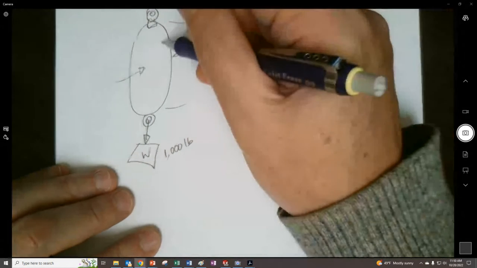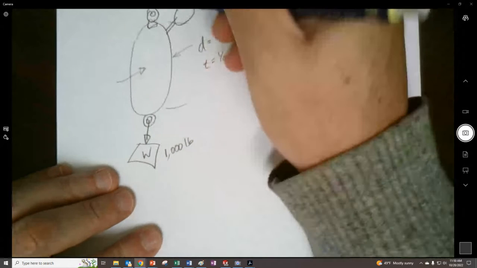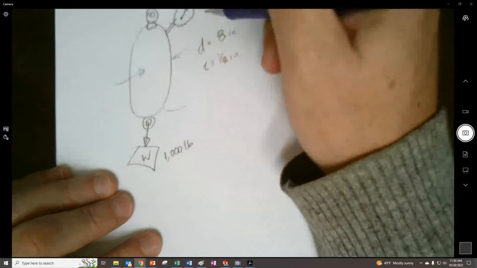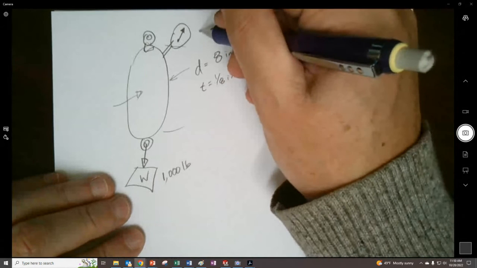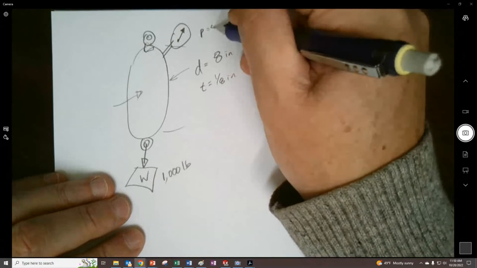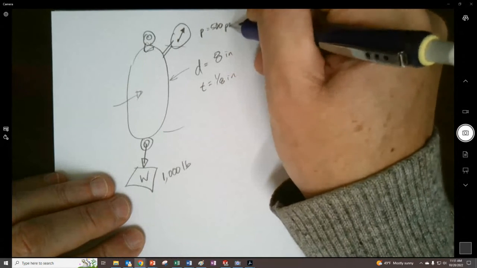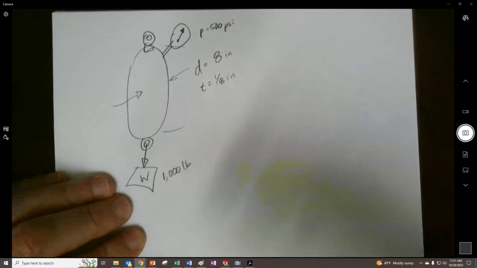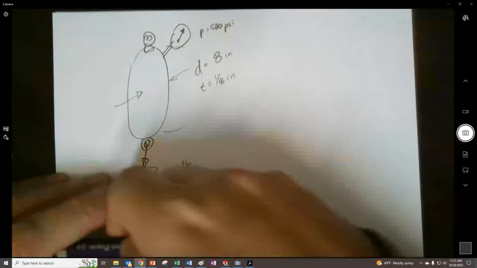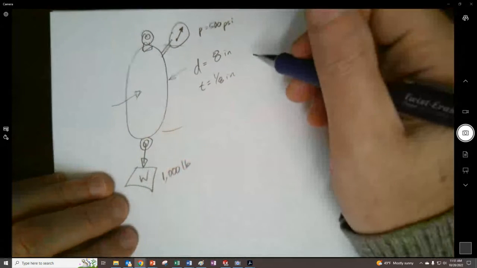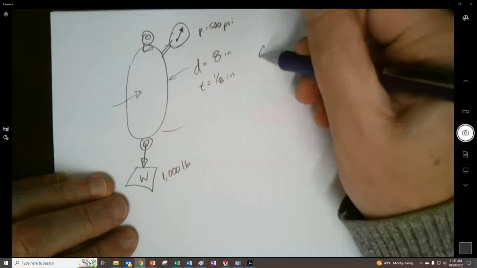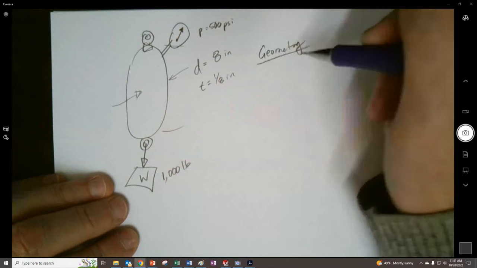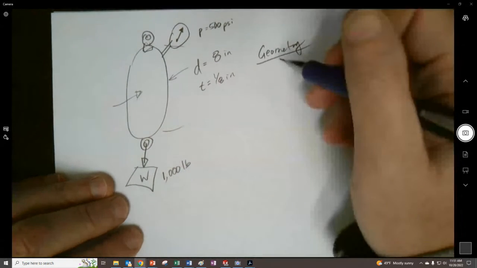And this scuba tank has been pumped up to a pressure of 500 psi. That's a lot, but I don't know if that's a lot for a scuba tank or not. I don't have a lot of scuba tank experience. Scuba Steve.